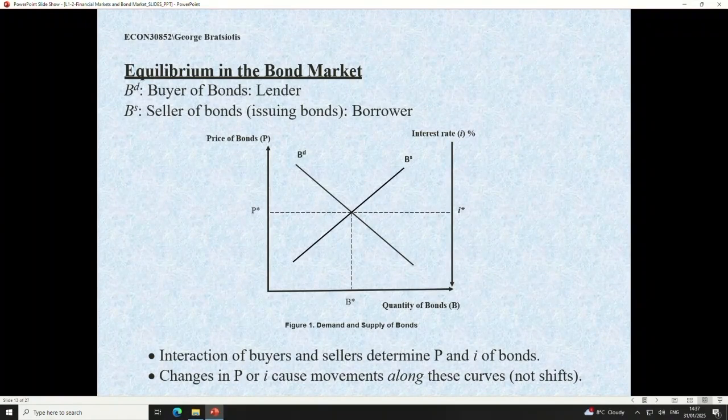You can see the demand for bonds is downward sloping. Why? Because if the price of a bond drops, can you see that? I can demand more of that bond, just like a normal good.